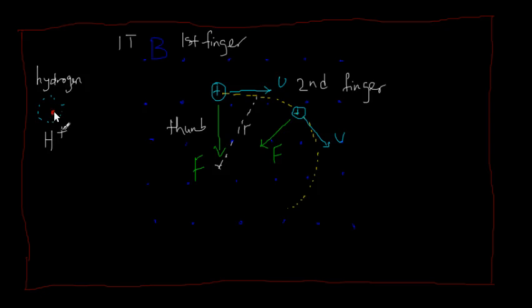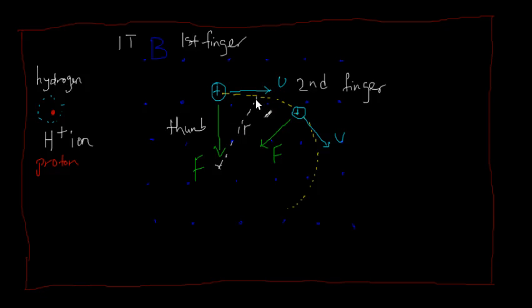So an H+ is essentially just a proton. Ion means an atom that has a charge on it because it has either gained or lost some electrons. So for this example, I'm going to talk about a hydrogen ion, which we can just take to be a proton for our purpose.